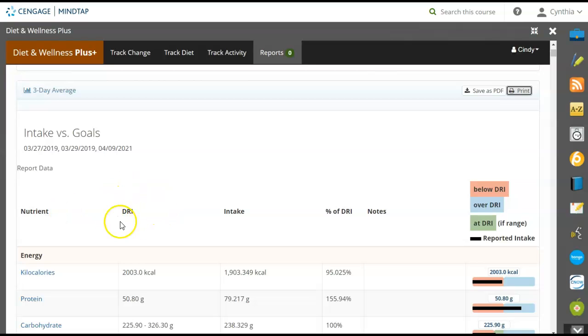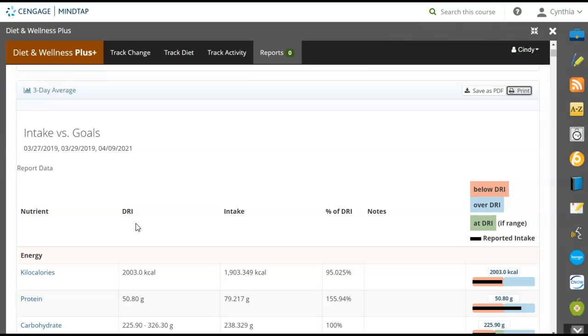Next column over will have something like DRI, where the R stands for recommended, or it'll use the word recommended, or it might say goal. In any of those cases, this first column with numbers in it is what we think, based on our best information, is the right amount for you to take in of whatever we're looking at.